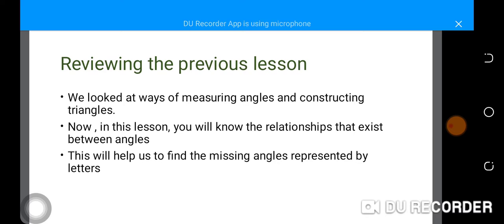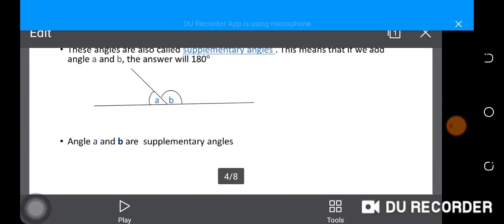Now in this lesson we look at the relationships that exist between angles. This will help us to find missing angles represented by letters, or to work out the size of unknown angles.